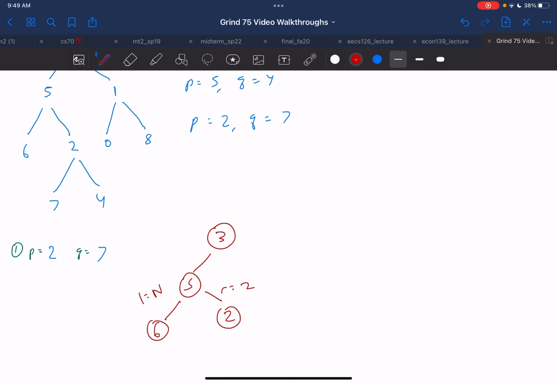We see that left is null and right is 2, so we return the value of 2. This makes sense because 2 is 7's ancestor and its own ancestor.